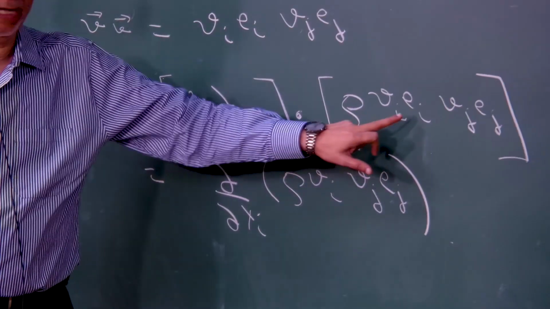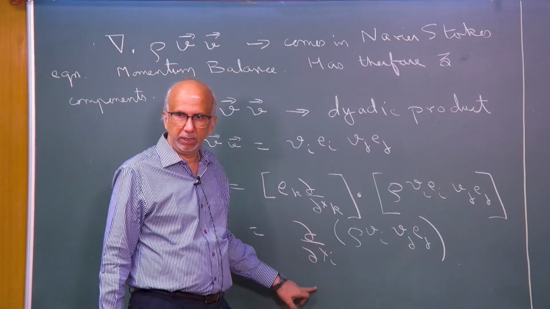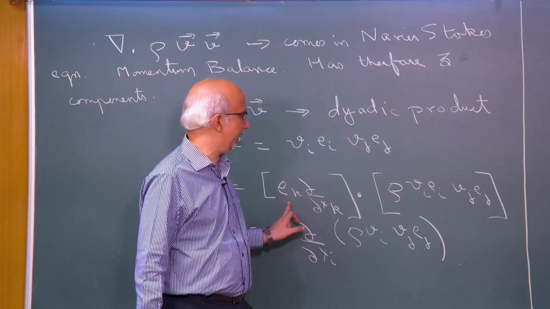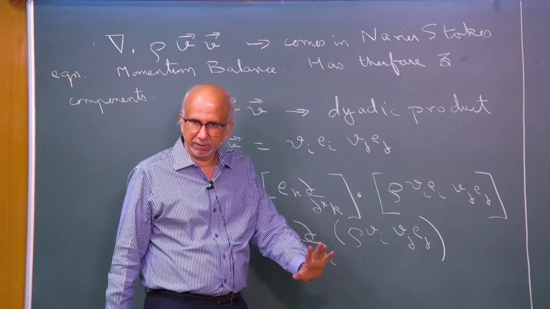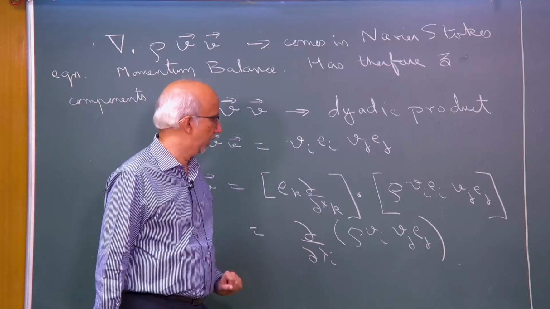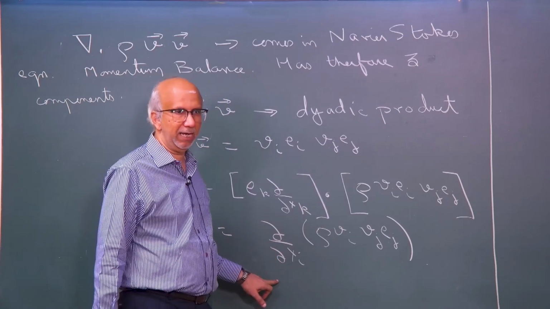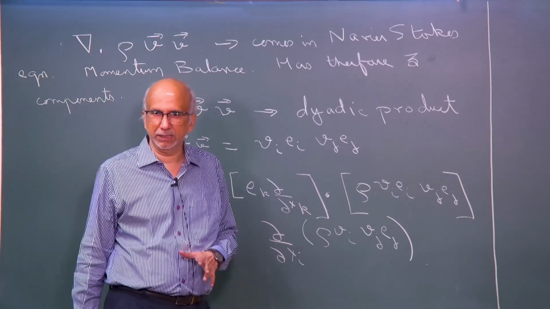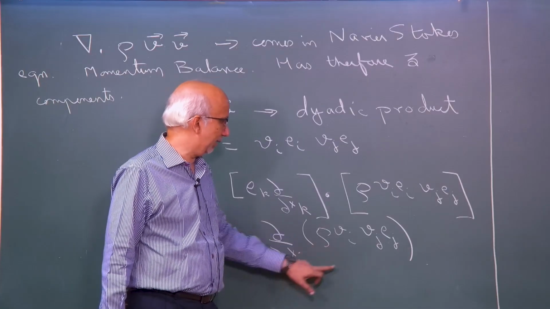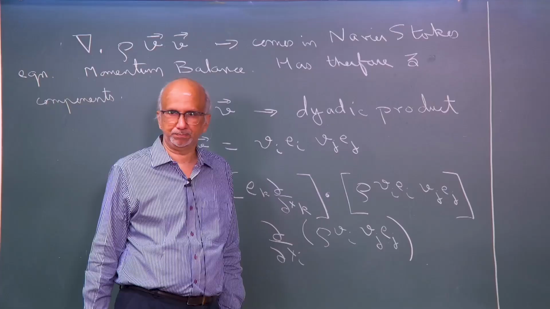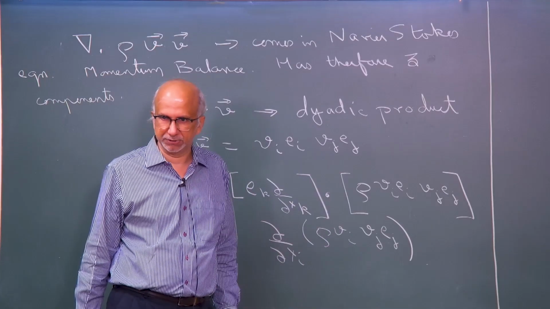Ek dotted Ei will be equal to 1 if k equals i, so I am putting k equal to i here. Ei dot Ei is 1, and when they are not equal, it is 0, so they do not contribute. So, now I want you to recognize that here I have a total of 9 terms, okay, because I am summing over i and I am summing over j. Because j is repeated, i is also repeated, so I have 9 terms, okay.